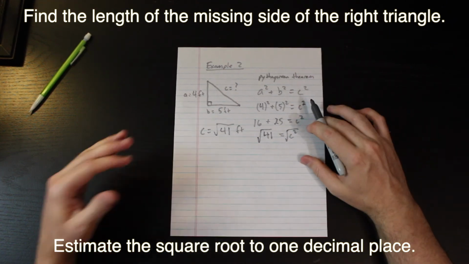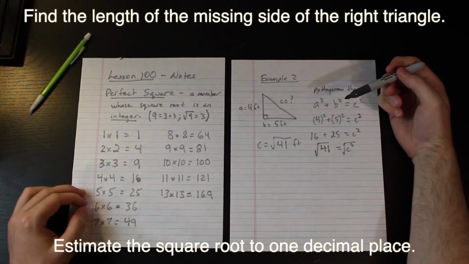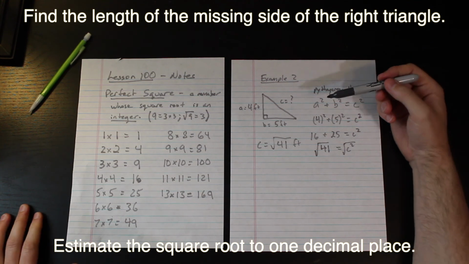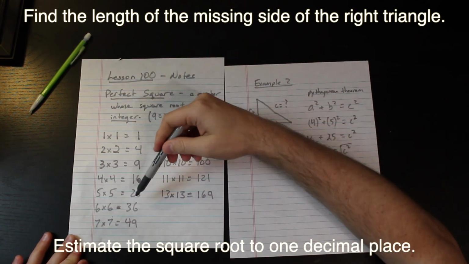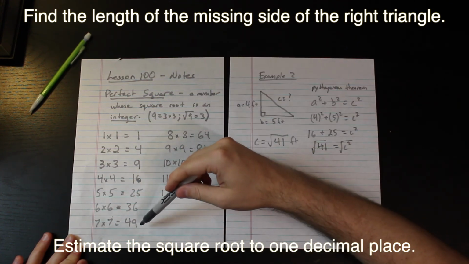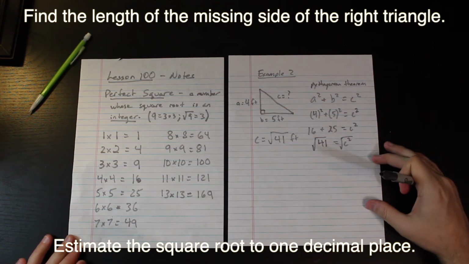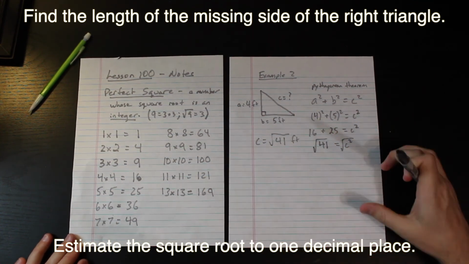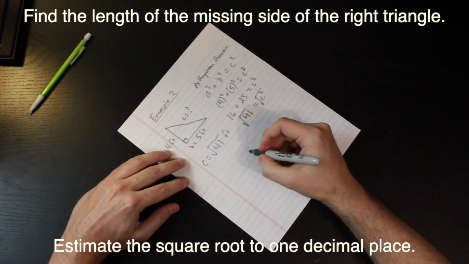Let's use our notes page to help estimate the value of the square root of 41. Find the largest perfect square that is smaller than 41 and the smallest perfect square that is larger than 41. Here they are. 41 is between 36 and 49. Let's draw our number line.